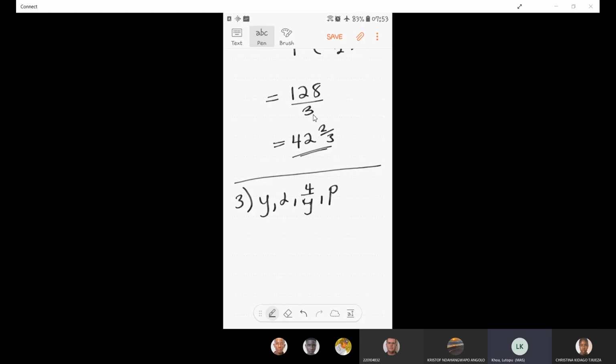So this is a geometric progression, and we know what makes a progression geometric, that there is a common ratio. Now we are told to express p in terms of y.